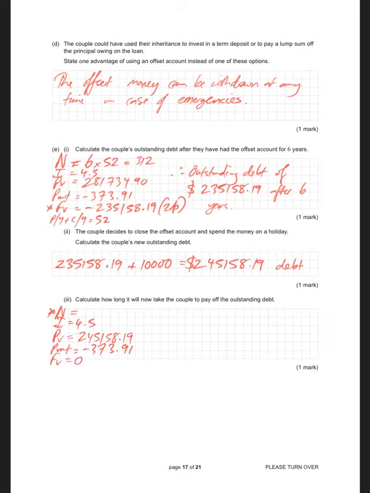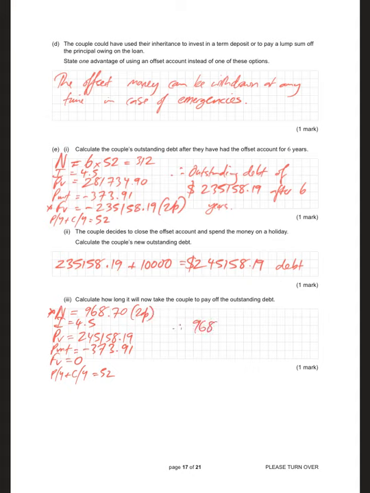They're paying it off, so FV is 0, PY and CY are both 52. Now solve: 968.70 to 2 decimal points.